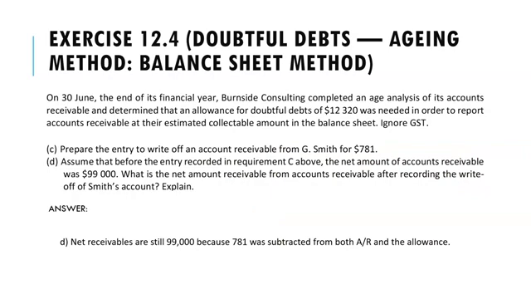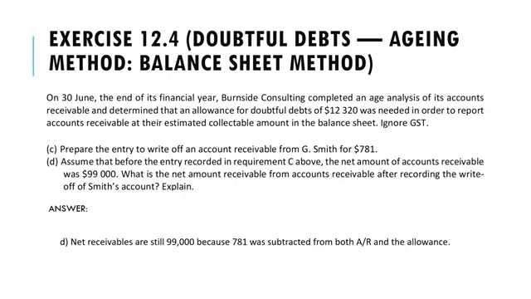So in this example, what if the net amount of account receivable is 99,000 before we make the adjustment? What will be the net amount receivable after recording the write-off?